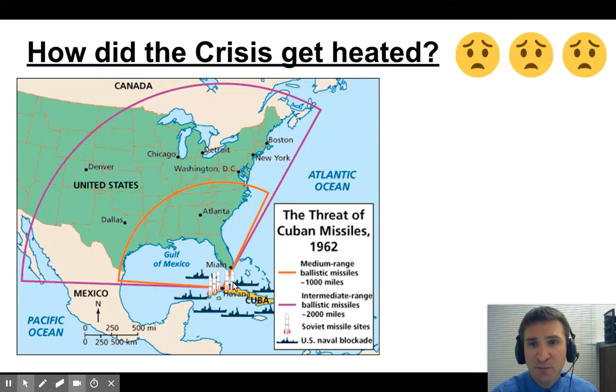The medium-range missiles can reach cities in the south, like Atlanta, if they were to be fired. The intermediate, longer-range missiles, shown by this pink scope, can basically hit most major cities in America, including DC, New York, Chicago, Dallas. Uh-oh, indeed.